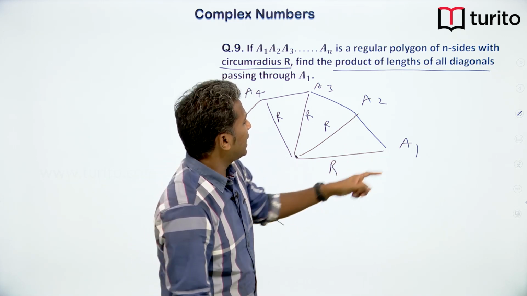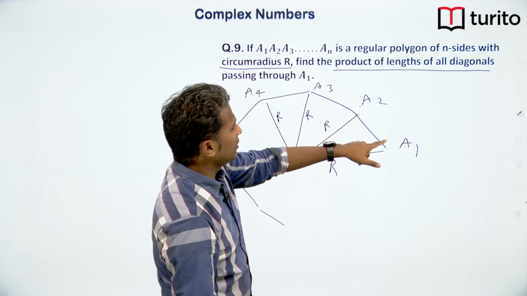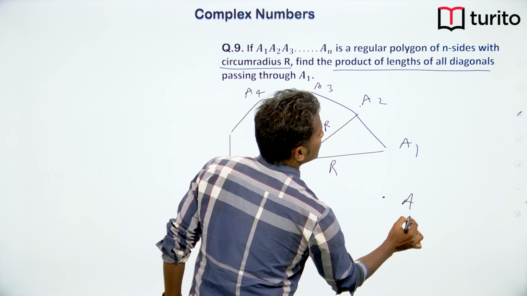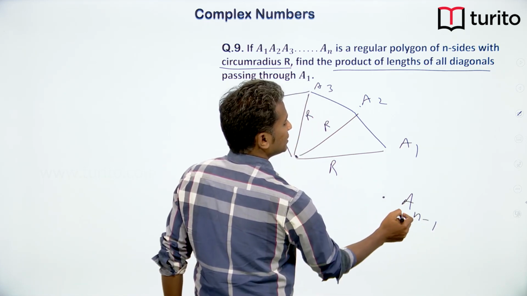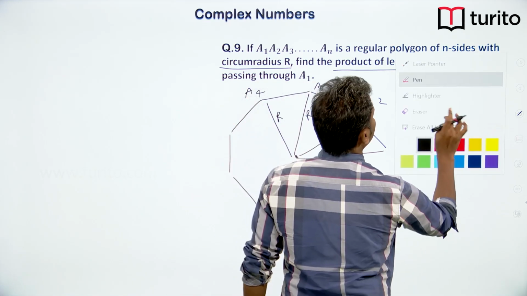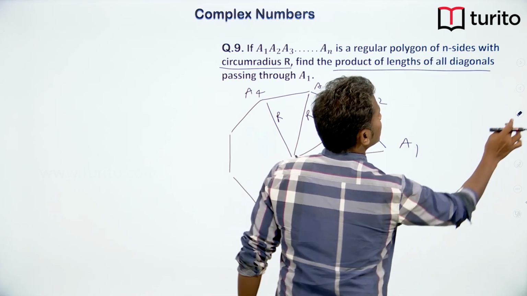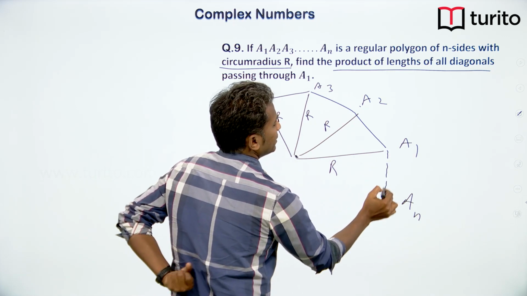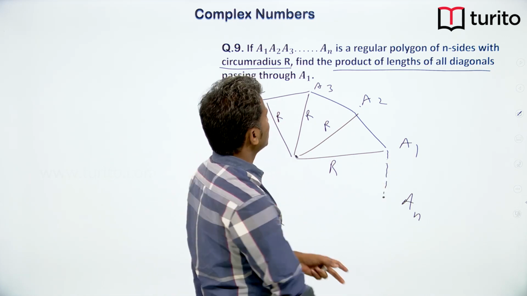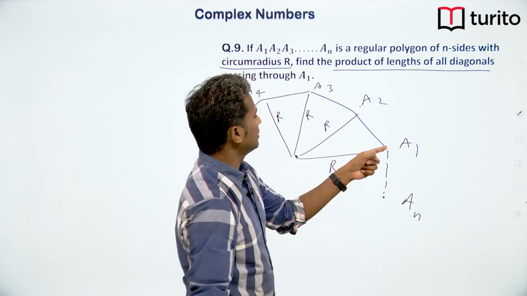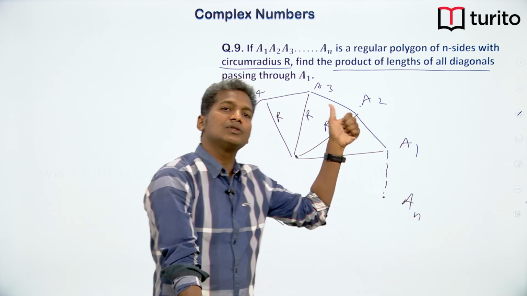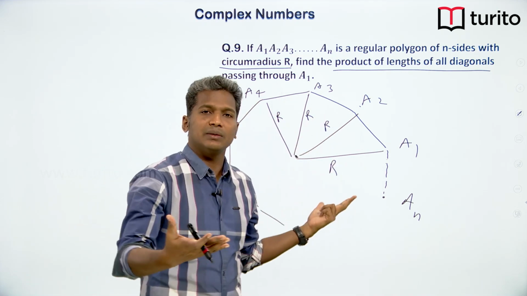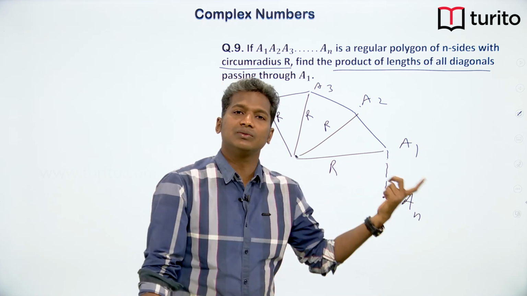So, if you take A1 and A2, there will not be any diagonal passing through these 2 points, and also there will be another point here which is adjacent to A1, which is the AN. So, now A1 AN cannot form a diagonal. So, except these 3 points, all diagonals that pass through A1 will also pass through the other points except these 3. That means how many are remaining? N minus 3 are remaining. So, there are N minus 3 diagonals passing through A1.